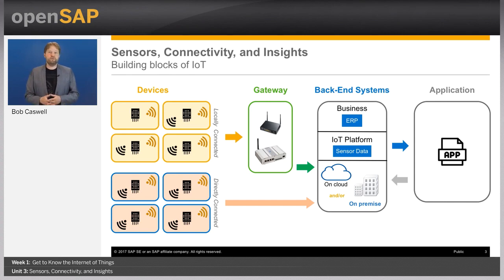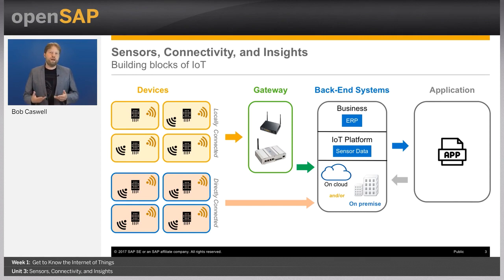Next, the backend systems process the data and connect it with other business data. Backend systems typically contain enterprise resource planning systems, also known as ERP, which basically run the day-to-day of a business. Backend systems can also contain IoT platforms to process IoT sensor data.